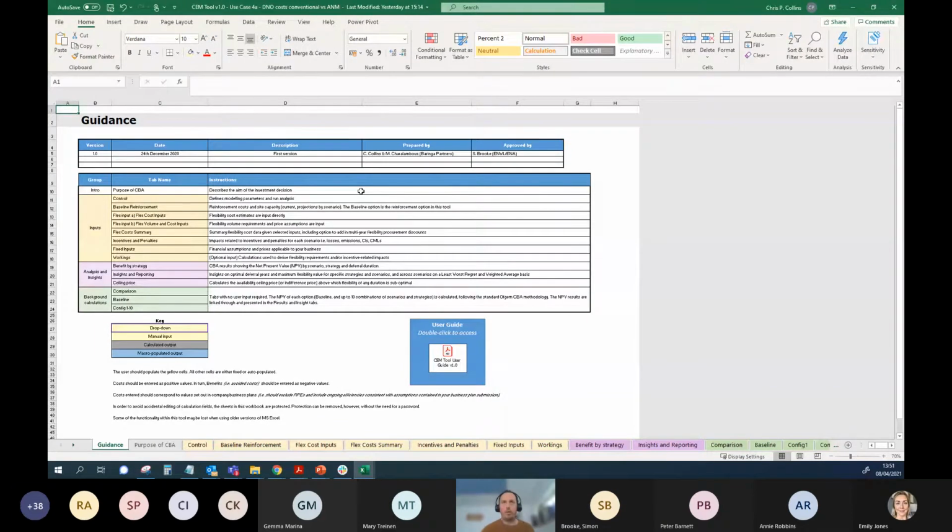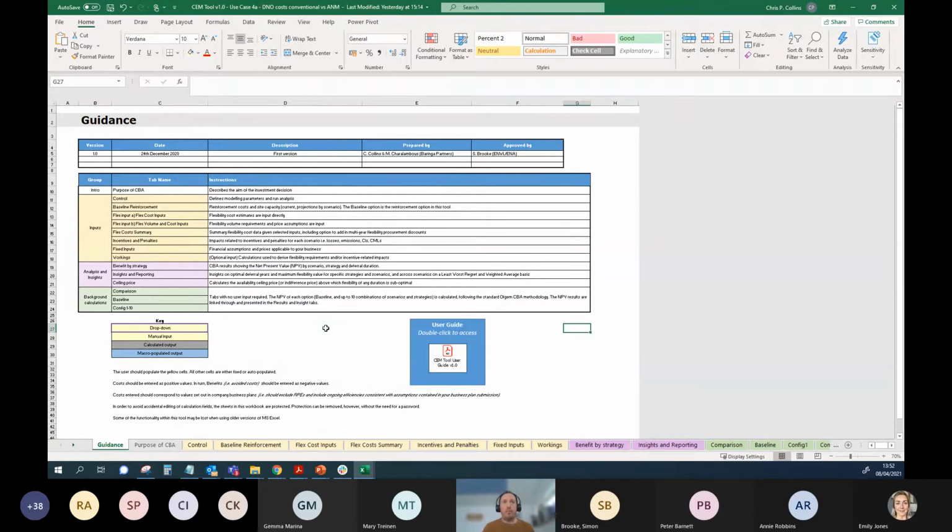I know we've said it a couple of times before, but let's say it again. This tool is deliberately designed to give the DNOs a view of what a strategy means in terms of their costs, their benefits, their incentives, and what they need to do in terms of themselves and their customers. It is not designed to look at the costs for third parties trying to access the network or who are affected by those network decisions.